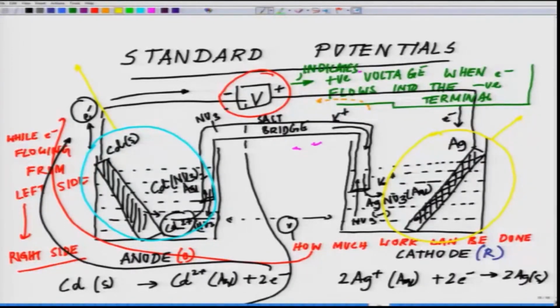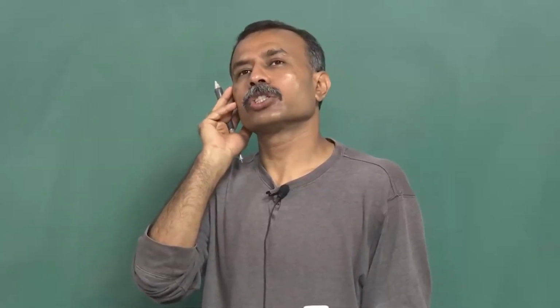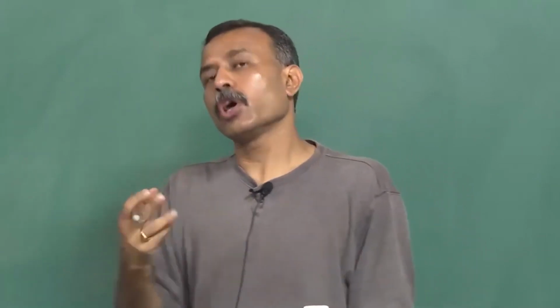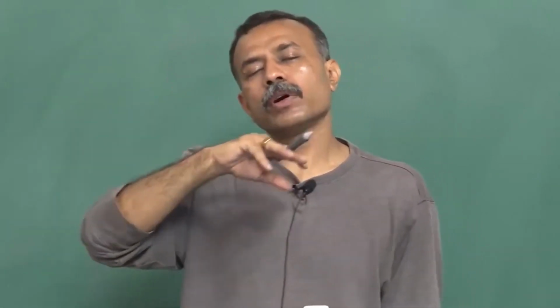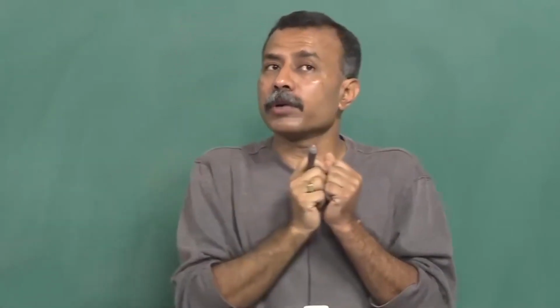In order to do that, I have to develop a common reference electrode, and that common reference electrode, with respect to this and with respect to this, will give me that value, by virtue of which I can say that cadmium can lose electron with much higher ability as compared to silver, or the reverse statement, silver can accept electron at a much higher ability. It has much more power to grab the electron as compared to cadmium.